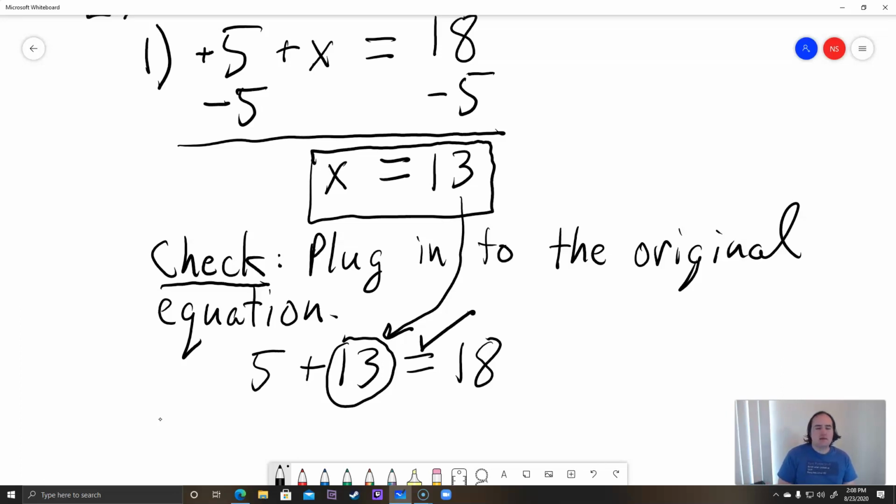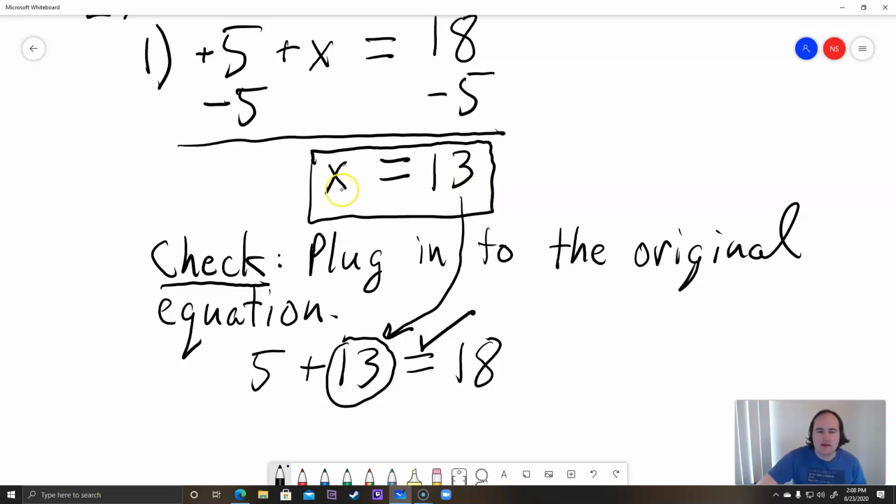Okay, so what does that mean? If you check it like that, then you're going to be 100% sure that the answer that you got is correct. But again, you don't have to check it. Some people like to check, other people don't. But it's going to take a bit of work sometimes to check it. So if you don't want to check it, that's fine with me.